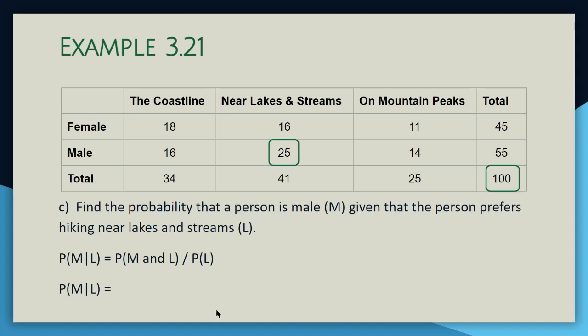So P(M and L) is that thing they have in common, the 25 box over 100. And then P(L), the probability of lakes and streams, is the lakes and streams total, 41 over 100. Those 100s are going to cancel, and we end up with 25 over 41, which is 0.6098.